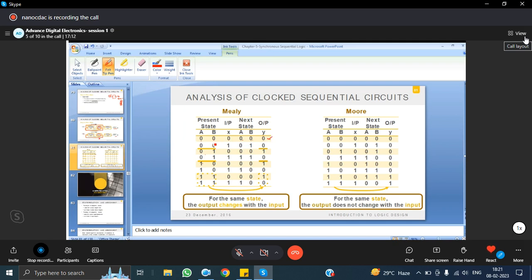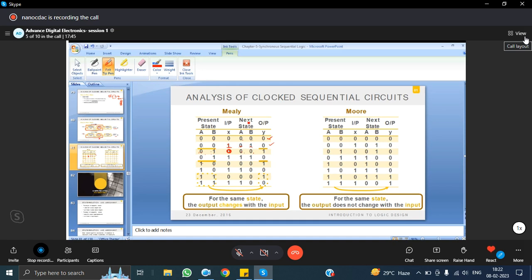Okay, fine. Here in the Mealy type machine, with state 0 0, when x is 1, the input is changing, the next state is 0 1, but the output is not changing. Okay, if input is equal to 0, what will be the next state? 0 and 0.